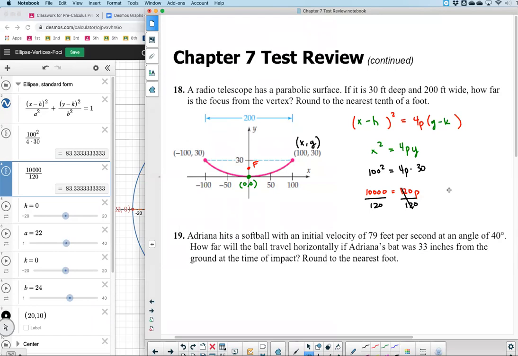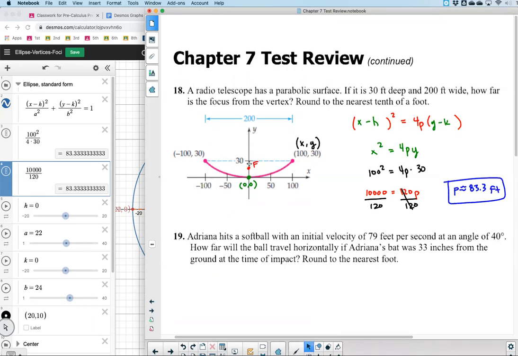So P says round to the nearest tenth. So the distance would be 83.3. And we are in feet. So my focus would actually need to be, for the proper drawing, if that's 30, that might be 60. So somewhere in there. That's where the focus should actually be.